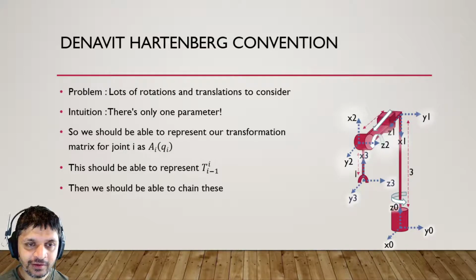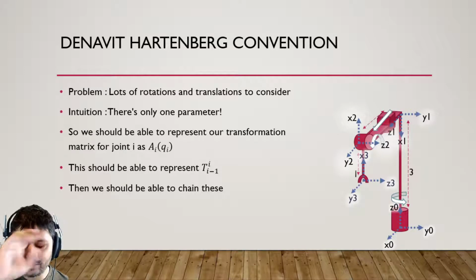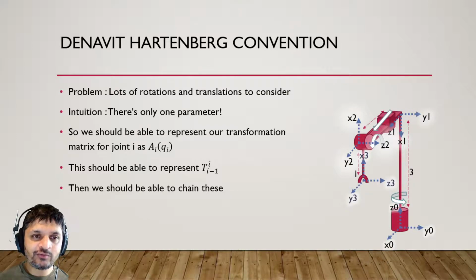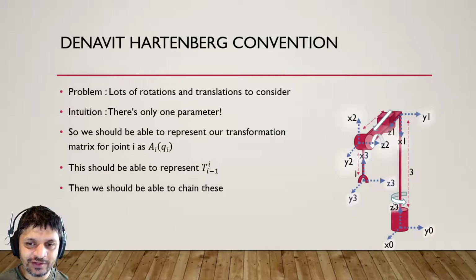But we can actually beat this by using something called the Denavit-Hartenberg convention. The intuition around why we can simplify this is that, while I said there's a rotation around y, z and x, and a translation along x, y and z, the reality is there's only one parameter, because any joint either rotates around a particular axis or extends or retracts along a particular axis.